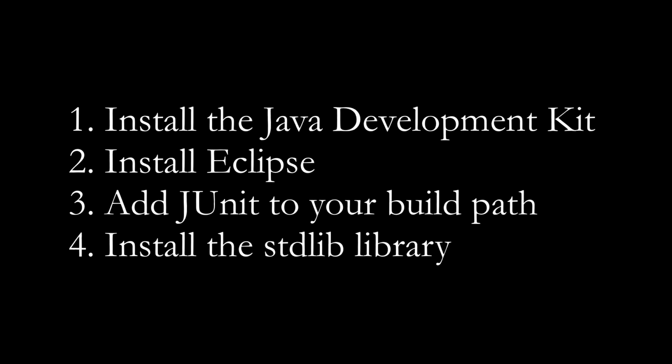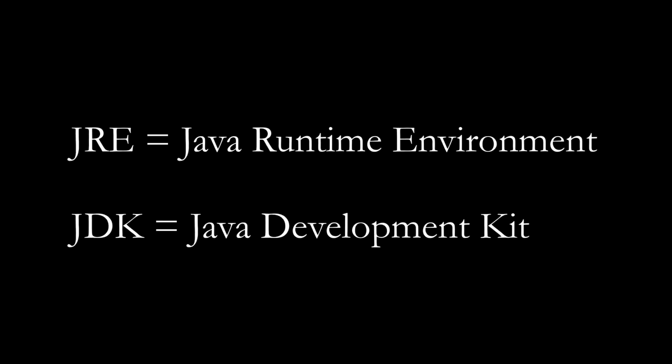First, you'll need Java. It's important to distinguish between the Java Runtime Environment, or JRE, which lets you run Java programs, and the Java Development Kit, or JDK, which lets you write your own Java programs. You want the JDK. There's a decent chance that you already have Java installed on your machine, especially if it's a Mac or Linux box and you've been doing your updates.